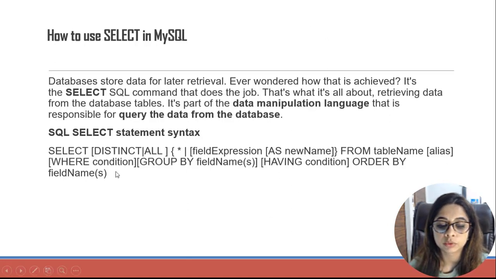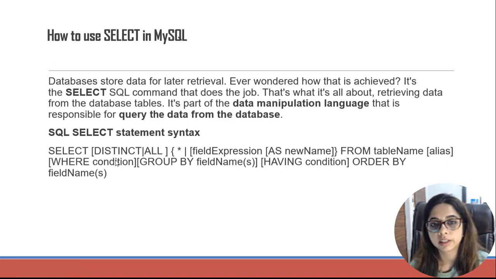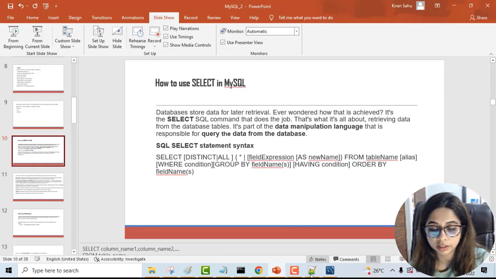Now the syntax for writing the select query is select, either distinct or all. We saw that we used star for fetching all the data sets, so all. And we also used the distinct keyword in our tables, and we could fetch the distinct unique data sets also, isn't it?